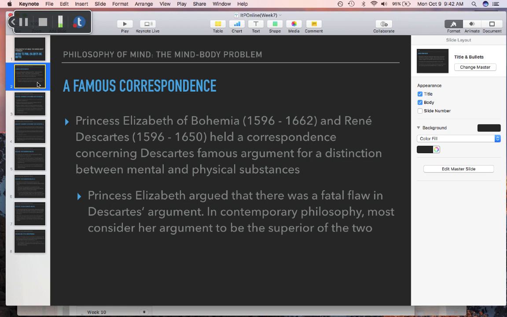She had the right of the argument, and Descartes was trying to defend a position that really couldn't be defended. So what is Descartes' argument? Descartes' argument is what we're going to look at here in the lecture, and then Princess Elizabeth's argument is what you will look at in the reading sequence. So there's only 2 readings for this week. Like I said, less work than usual because of the midterm.